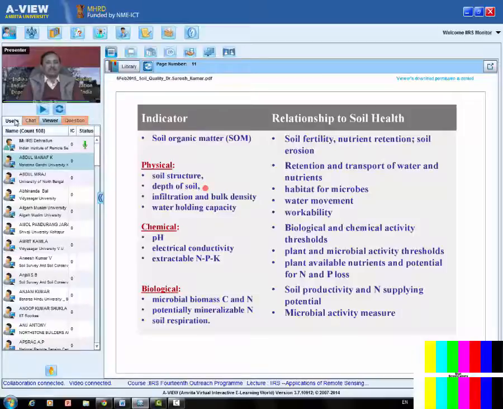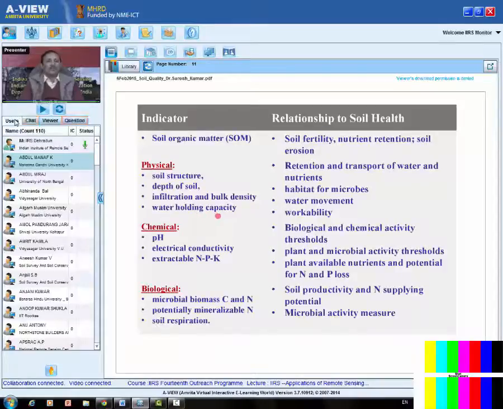Depth of the soils: we know if depth is more, then soil quality will be more. Infiltration and bulk density: if infiltration is high or moderate, then we can say the soil will perform well. But if infiltration is less, then it is not good. Water holding capacity: how much water is the soil able to hold? If holding is more, then it can support more water to the plant.